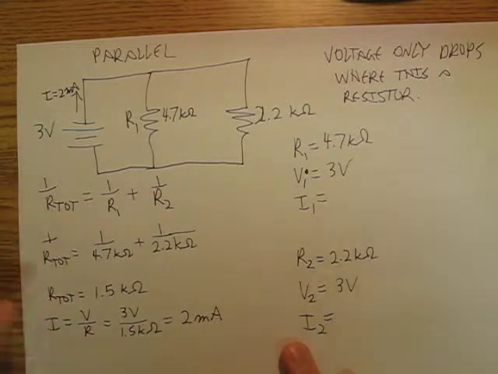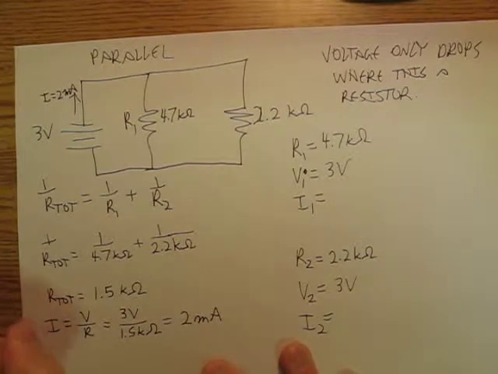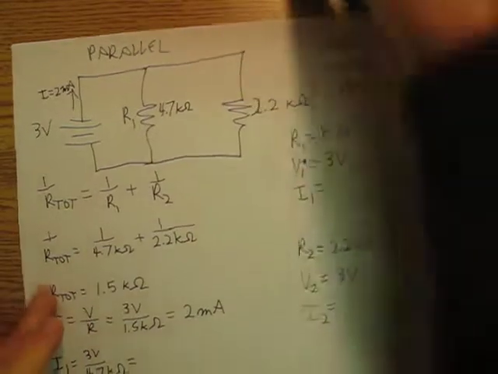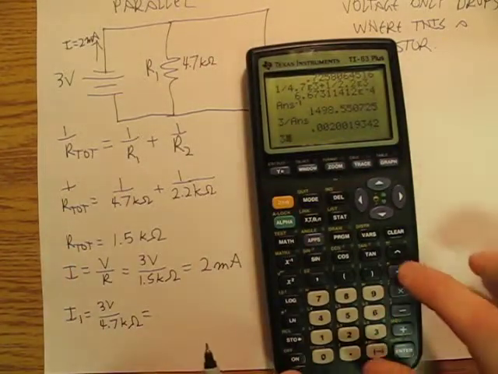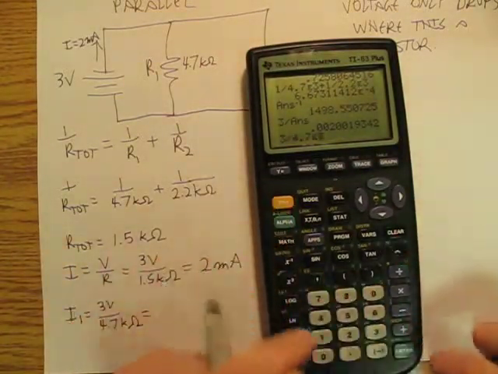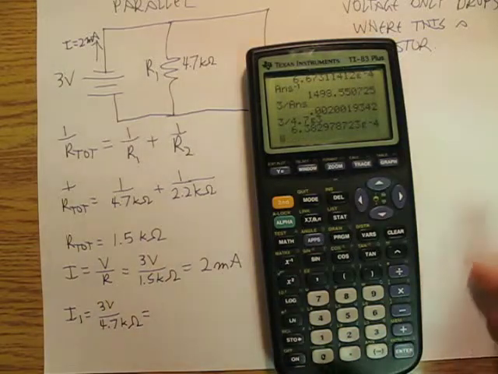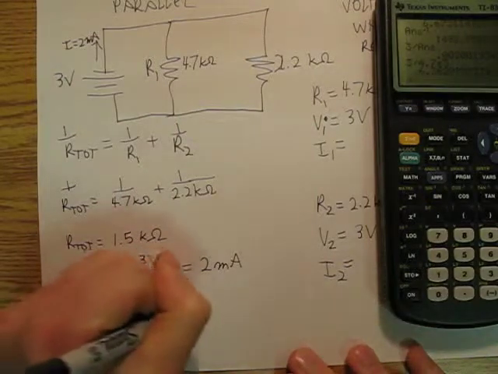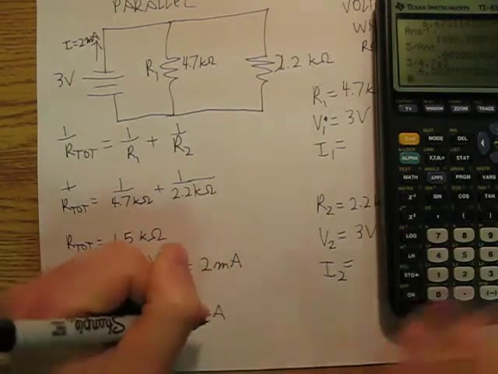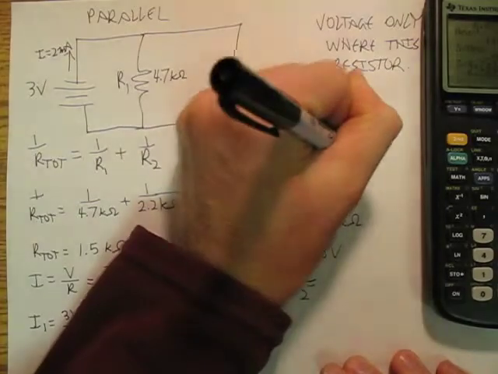So I'm going to just plug some more stuff into here. I'm going to say I1 is going to be 3 volts divided by 4.7 kilo ohms. So 3 divided by 4.7 E3 is going to be 0.64 milliamps. Transfer that up there.